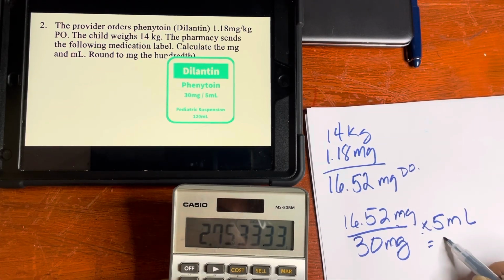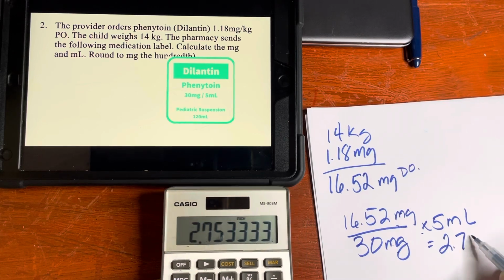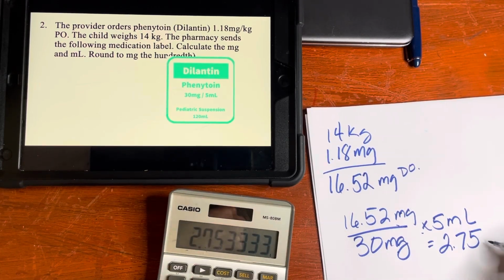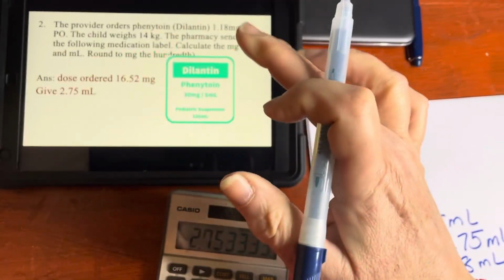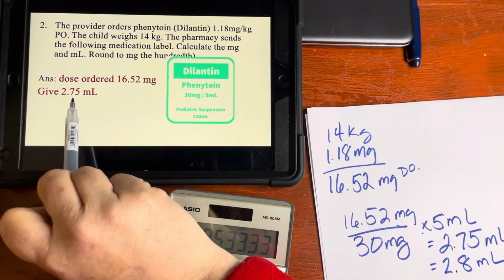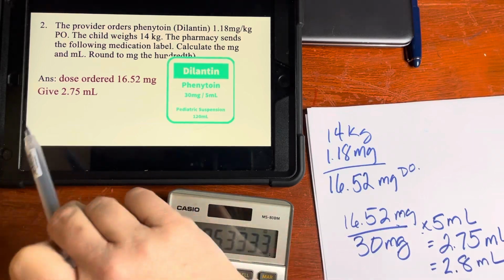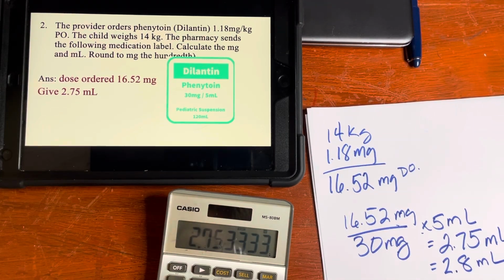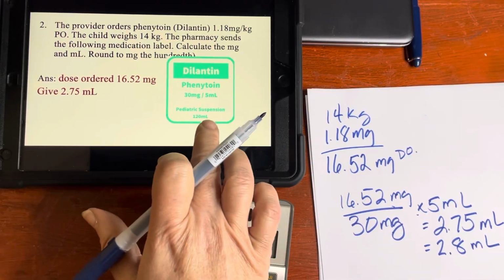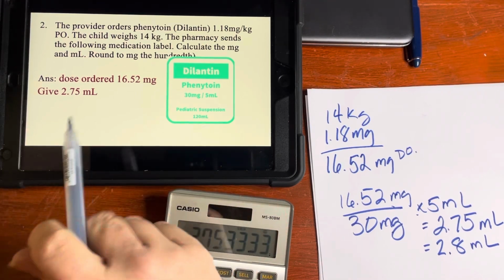That equals 2.75 milliliters, which would round up to 2.8 mLs that you would give. I should have rounded that up right there because you can give 2.8. So somewhere inside yourself, just be all right with it, okay? All right.